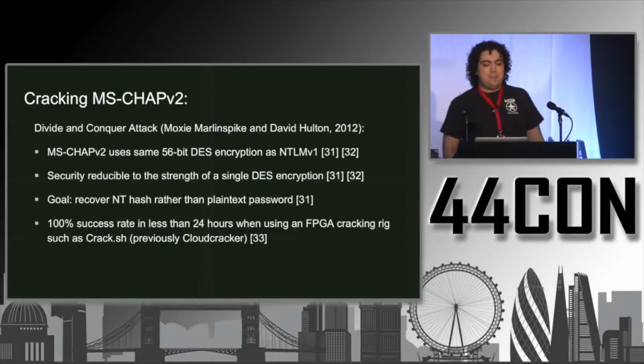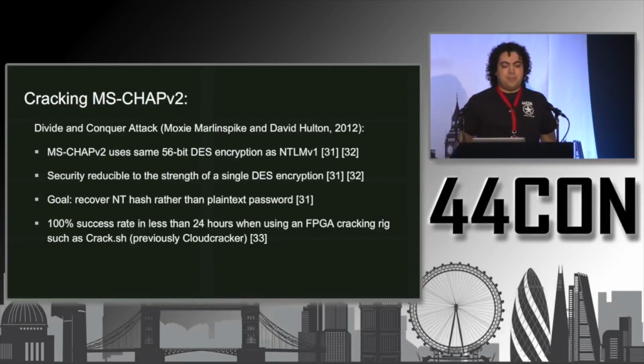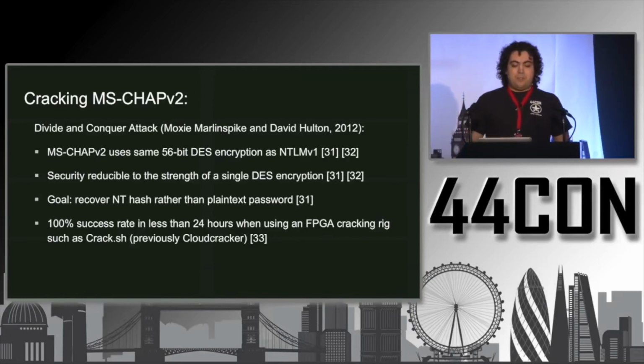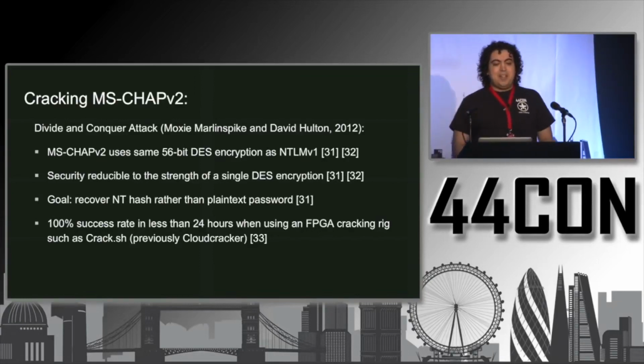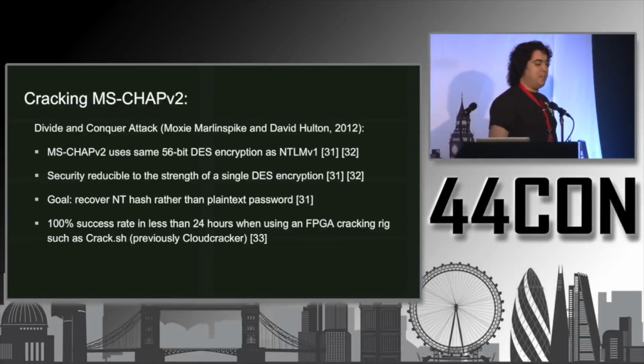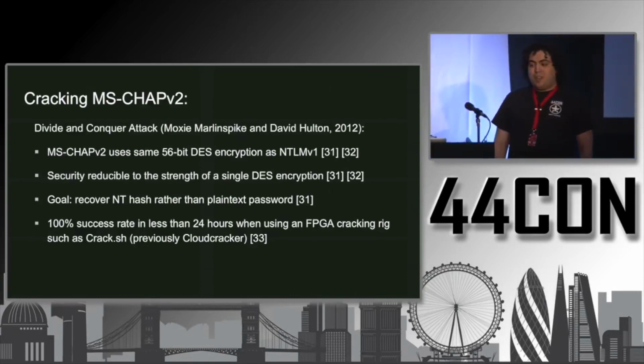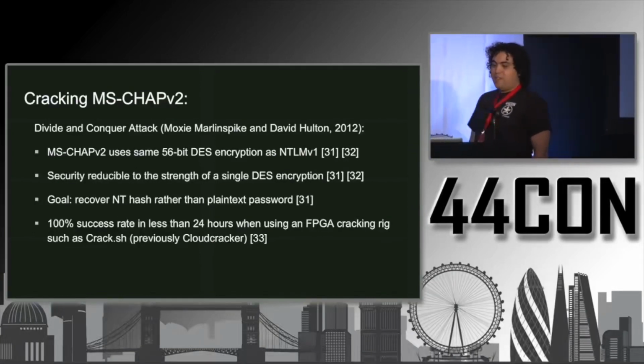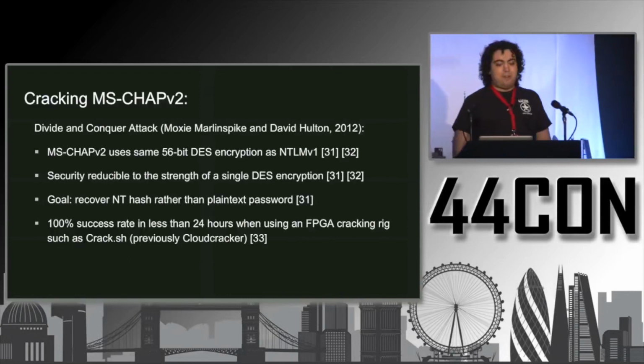If you shift your goal from recovering the plaintext password to recovering the password-equivalent NT hash, and use a proper FPGA-based cracking rig that's sufficiently powerful, you can actually achieve a 100% success rate in cracking these in less than 24 hours.